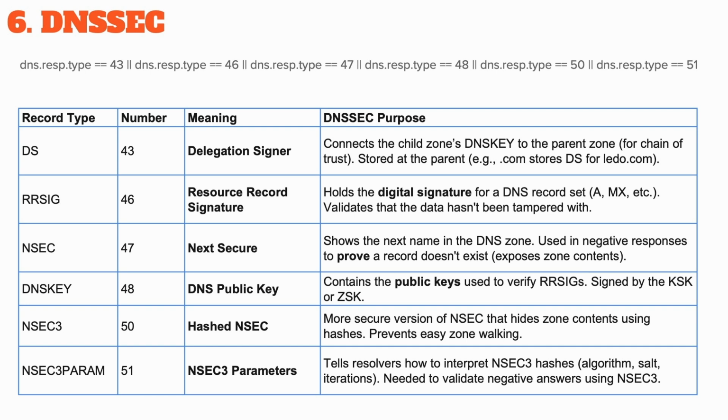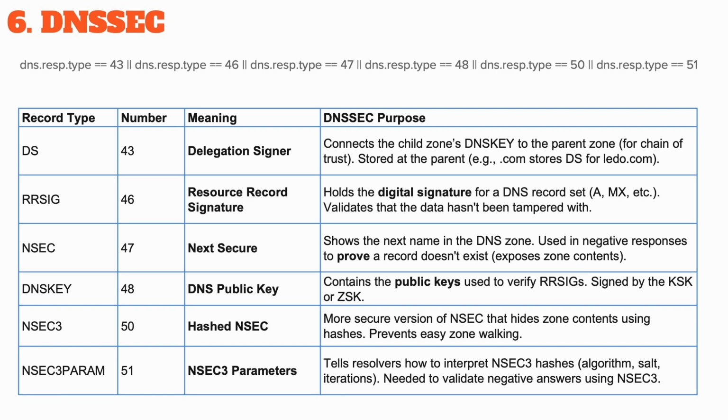Here's the meaning of each number. DS 43 means delegation signer, connecting the child zone DNSKEY to the parent zone. RRSIG 46, resource record signature, holds the digital signature for a DNS record. It validates that the data hasn't been tampered with.